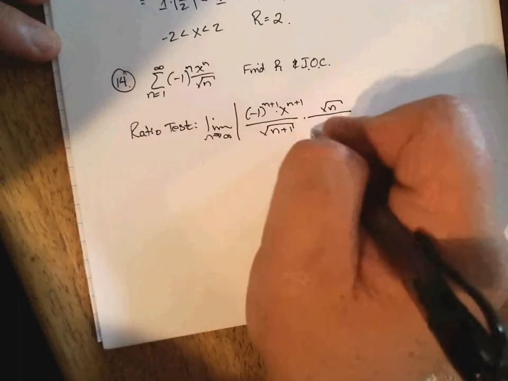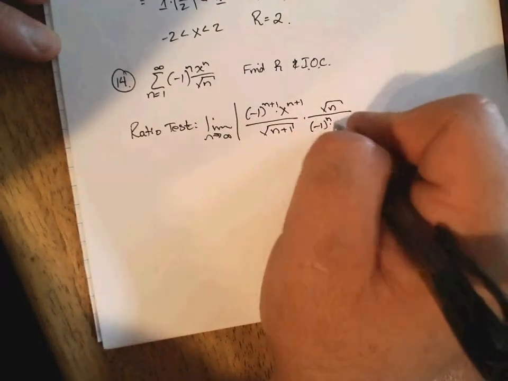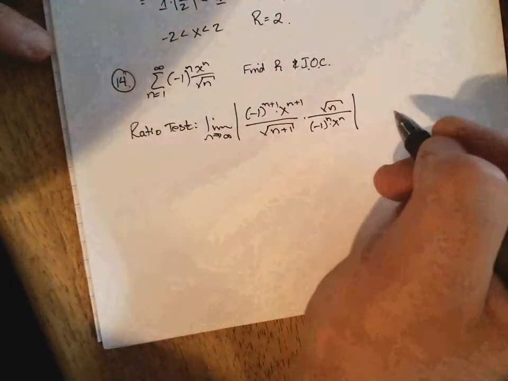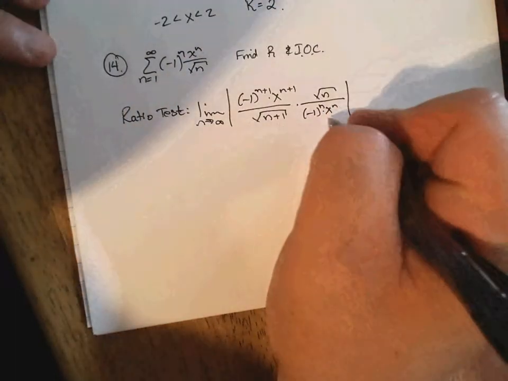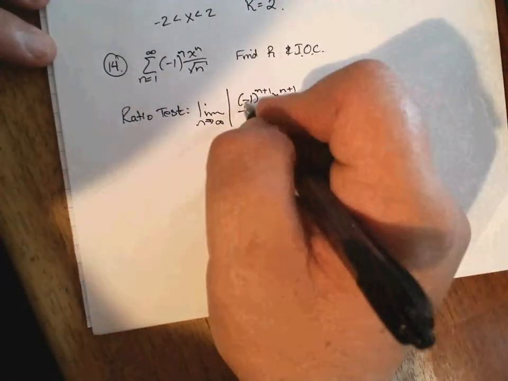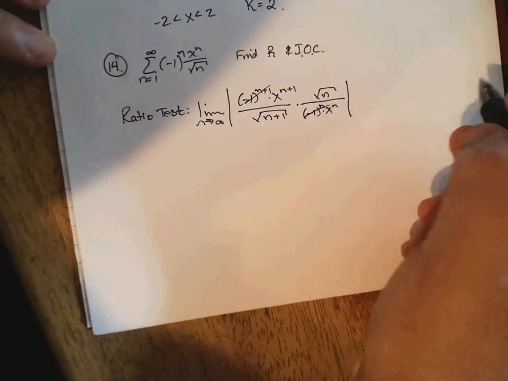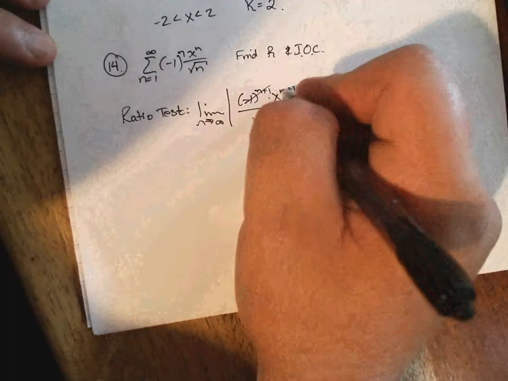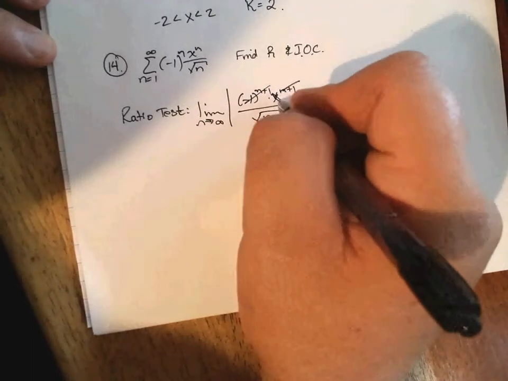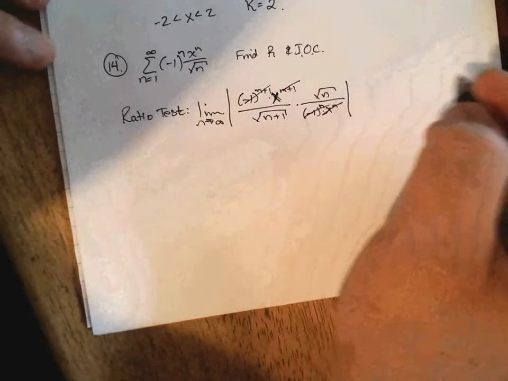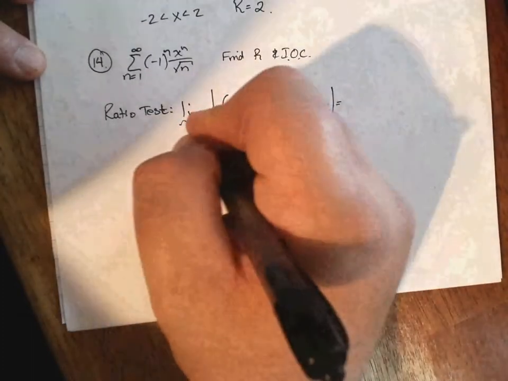Divided by this term itself, which means flip it and multiply. And now the cancellations we get here. Of course, we're taking the absolute value, so the negative 1 to the n, negative 1 to the n plus 1 make no difference. Those go away. The x to the n cancels with x to the n plus 1, leaving a single x.